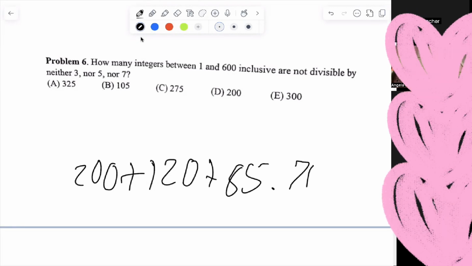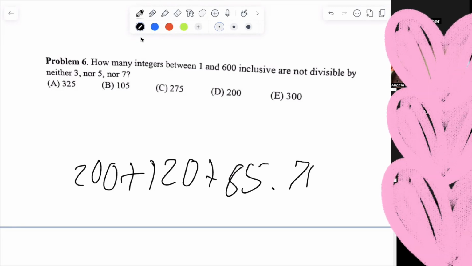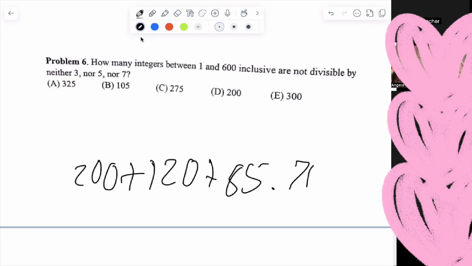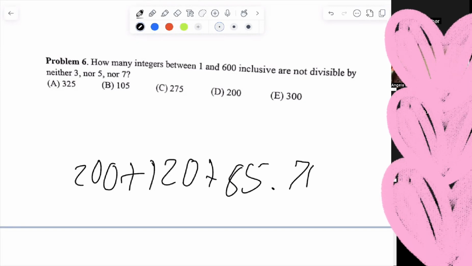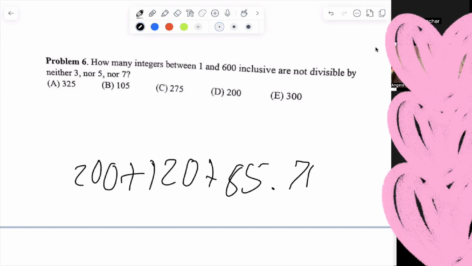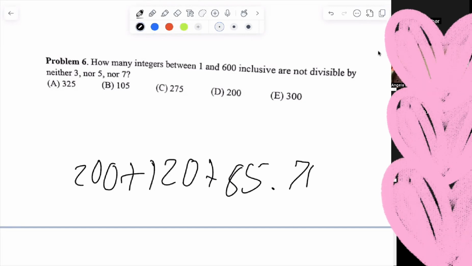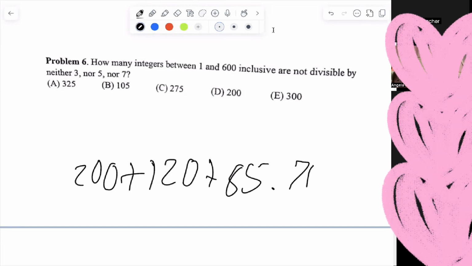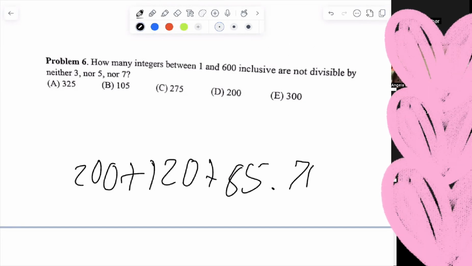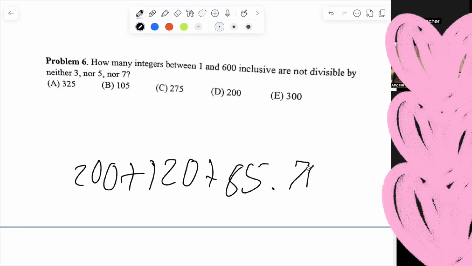We'll just round down, because if we go to the nearest integer, which is 86, we're going to be overcounting by 1, because 86 times 7 is over 600.